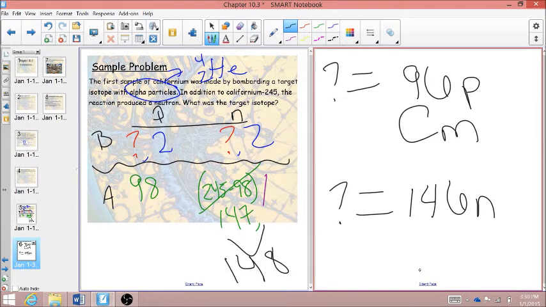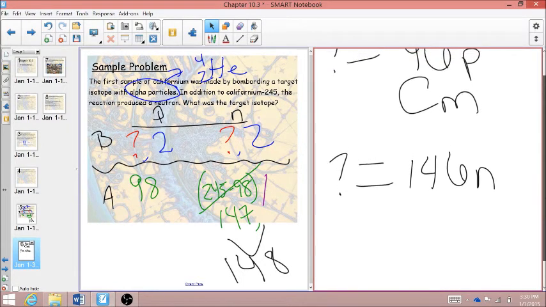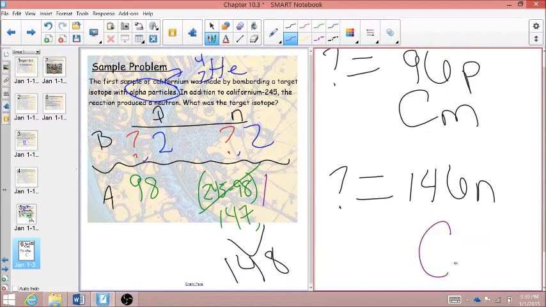Now in order to make a complete symbol for this, a complete answer, we need to put together our information for how many protons and how many neutrons we have. So to find our final answer, we have to take our elemental symbol, Cm, and down here is where the atomic number goes, and the atomic number for curium is 96. And then we have to add the number of protons and the number of neutrons.